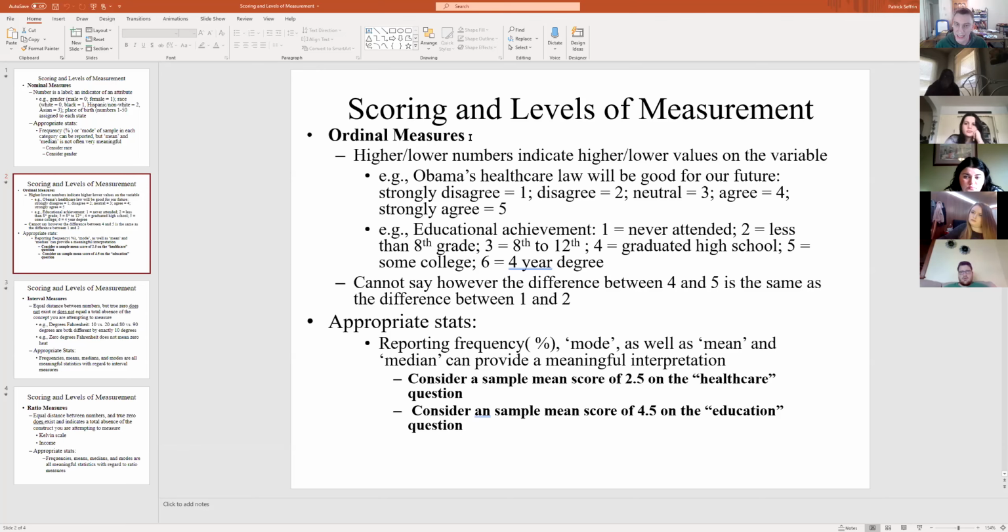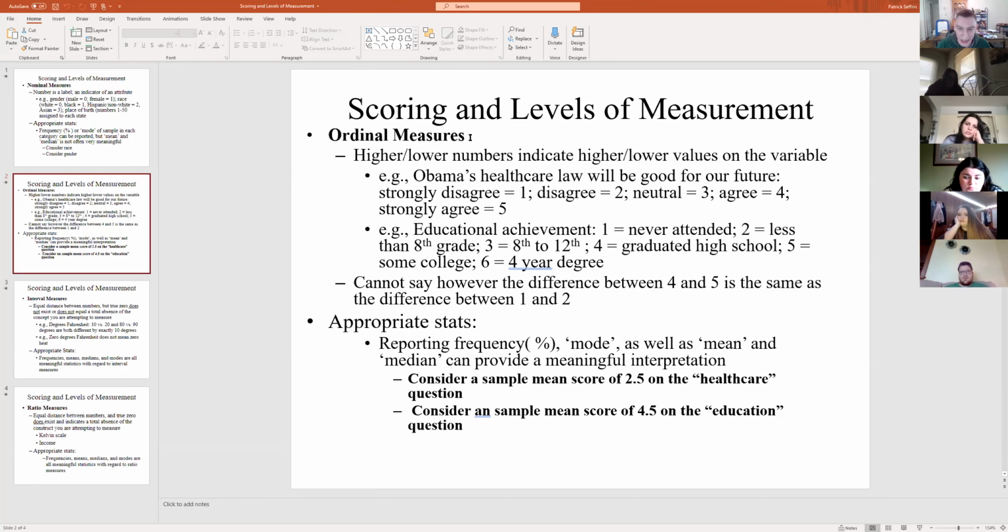Okay, so the numbers do have meaning. It's not completely arbitrary like nominal, but it's the lowest level at which we can conclude that a higher number really does mean more of something. In this case, you're approving of a president's policy or educational achievement. If educational achievement is measured in unequal intervals, then it's not exact.